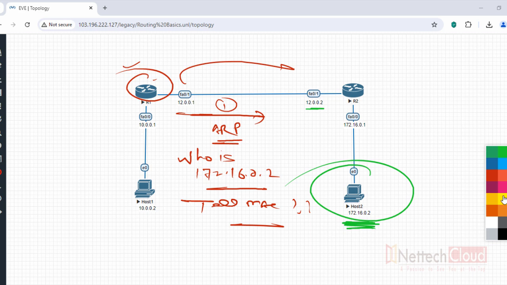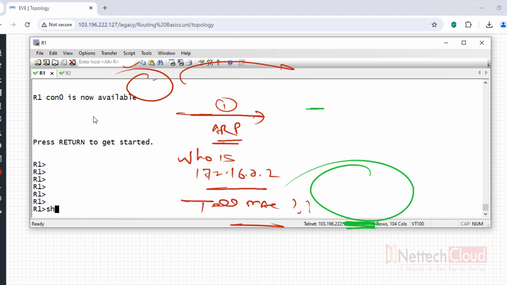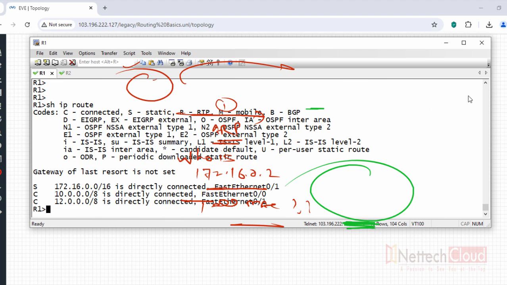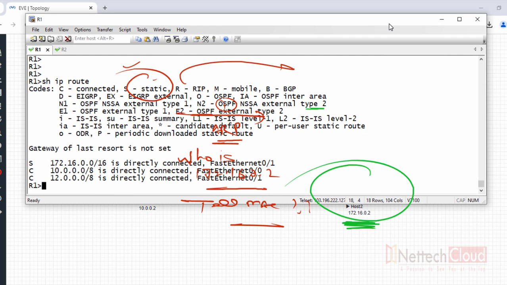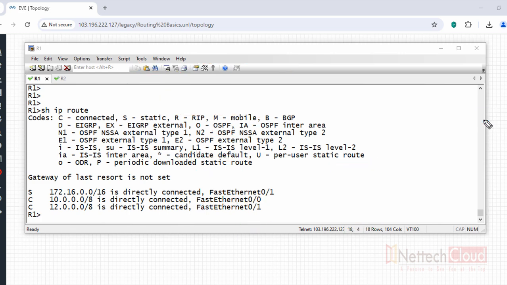Because if you look at the routing table here on R1, let me show you. Show IP route. So if you look at the routing table here, okay, there is a route for the 172 network, directly connected to the F0/1 interface.